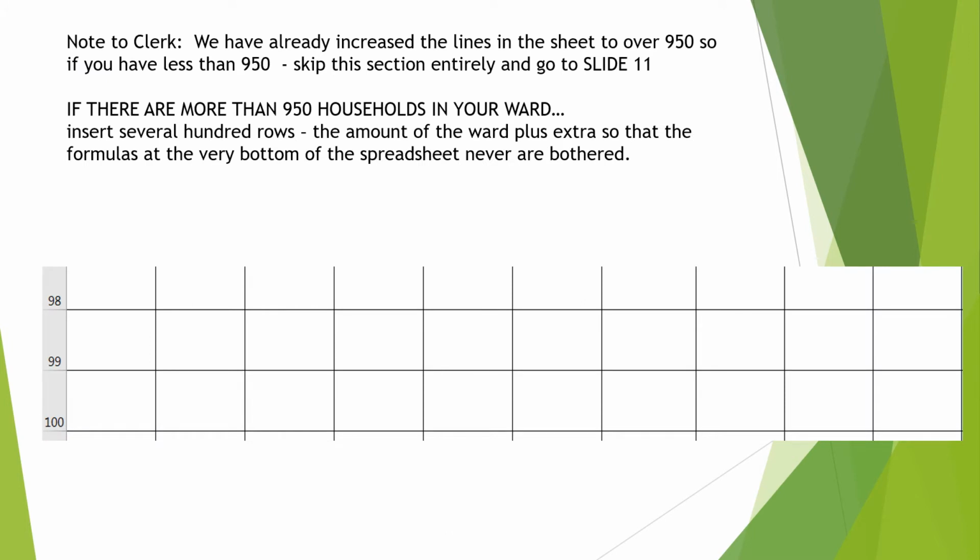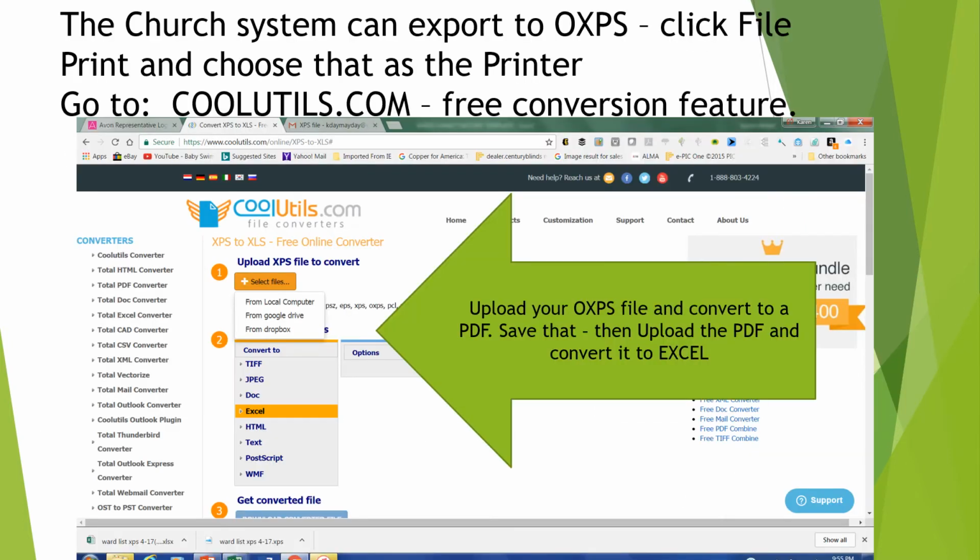So for the clerk, I just want you to know we've already increased the lines on this sheet to over 950. So if you have less than 950 families in your ward, you can skip this section entirely and go to slide 11. So you would skip this because you wouldn't have to do all the conversion.